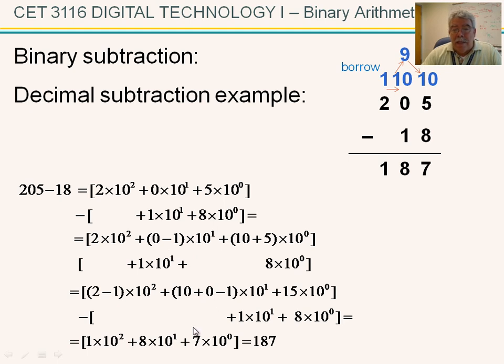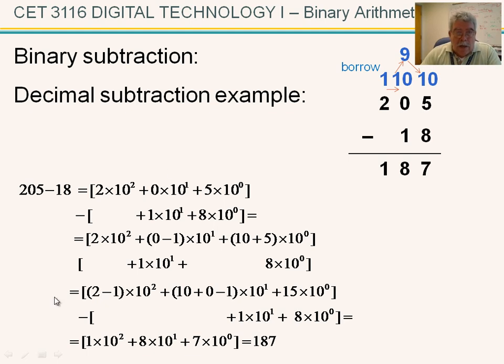So at the end, I'm going to get exactly this. 10 minus 1 is going to be 9, and that's what I subtract from the 1, which is 8, and then here at the end is 15 minus 8 is going to be 7. And then the leftmost, or the highest power, is also 1 less because it borrowed.